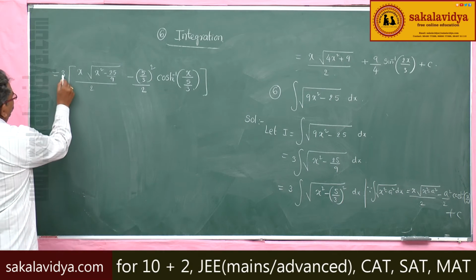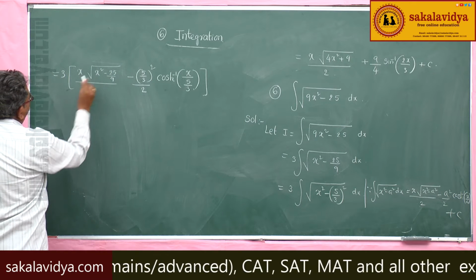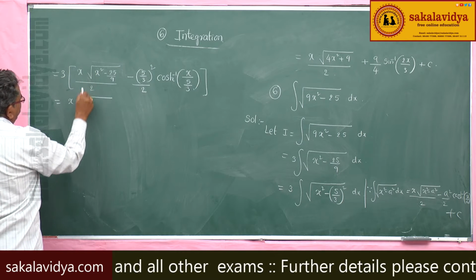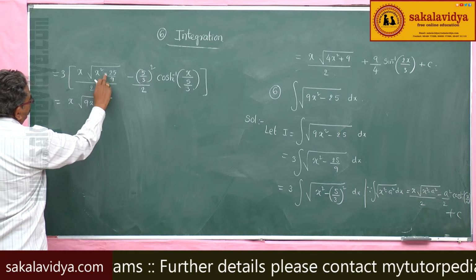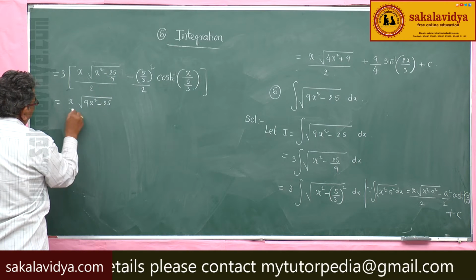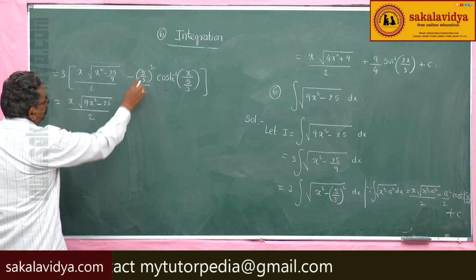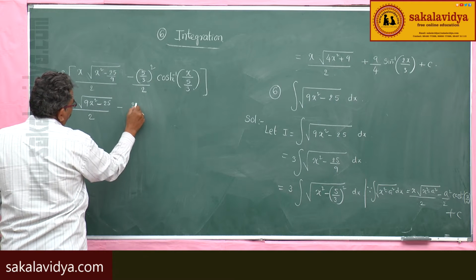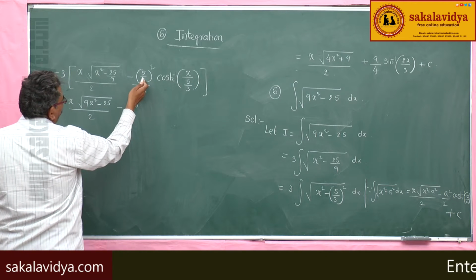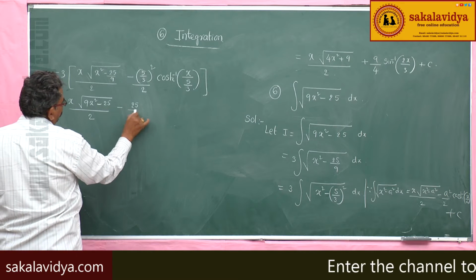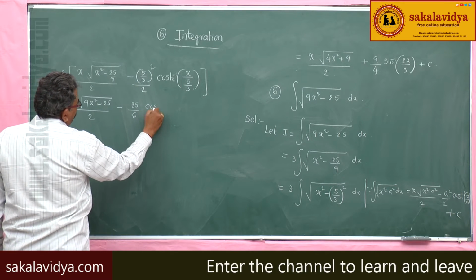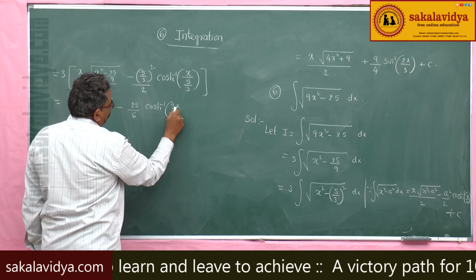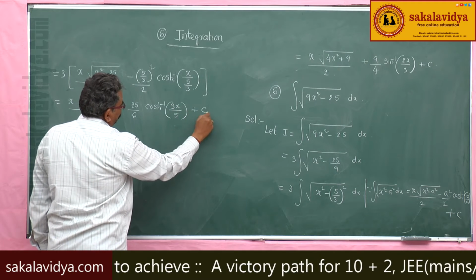Now, if 3 goes inside, we get x root of 9x square minus 9 into 25 by 9, by 2, minus 25 by 6 cosh inverse 3x by 5 plus c.